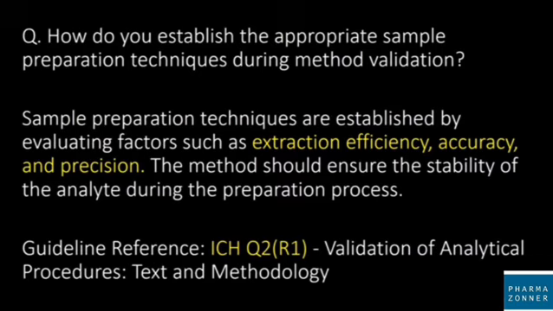How do you establish the appropriate sample preparation techniques during method validation? Sample preparation techniques are established by evaluating factors such as extraction efficiency, accuracy, and precision. The method should ensure the stability of analyte during the preparation process. Reference guideline ICH Q2.